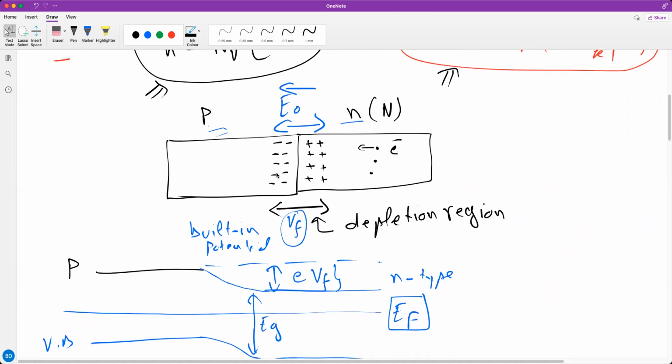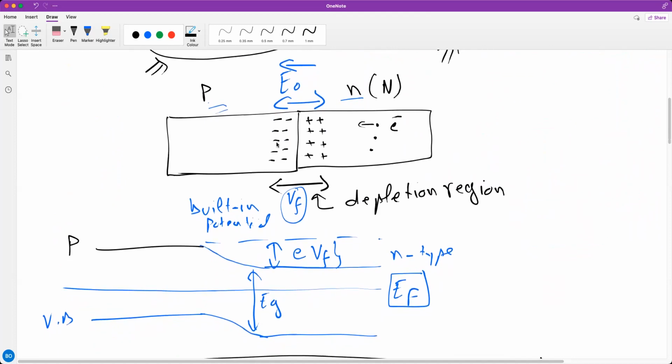Okay, so this built-in potential, we can calculate it, and this will create a depletion region, because at a certain moment, the electrons are moving from N to P, and in addition to that, the electric field is increasing. This electric field is opposing the motion of new electrons from N to P type, which means at a certain moment, there will be no electrons that can move and no holes that can move. And this will create a region free of charge. We call it a depletion region.